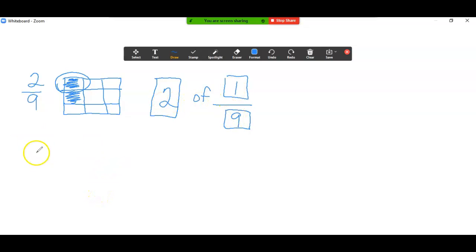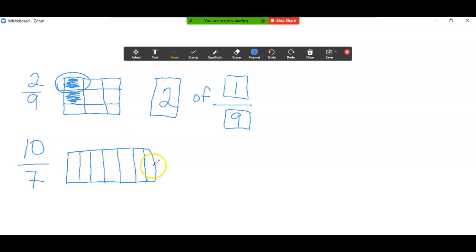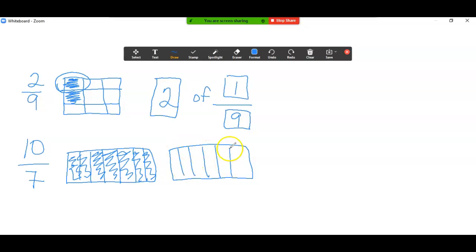Okay? And then the last one, we have 10/7. Those 7ths are kind of tricky. If I do 6 lines, 1, 2, 3, 4, 5, 6. So that's 1, 2, 3, 4, 5, 6, 7. Pardon me. So if I color in all of this, that's 7/7, but what I really want is 10/7, so I have to draw another picture. 1, 2, 3, 4, 5, 6.